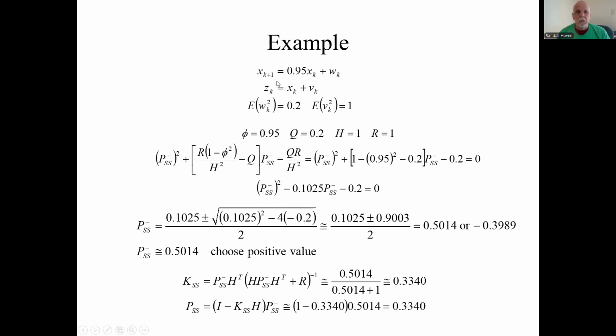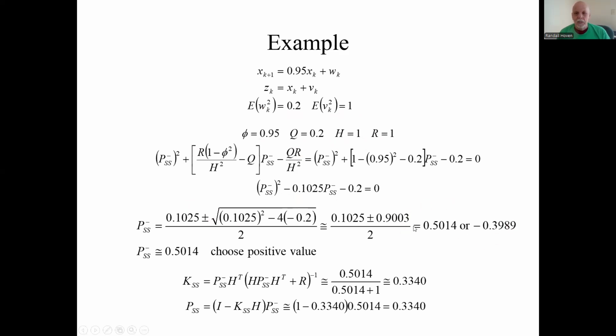Here was an example. Here's your state model or system model, process equation, measurement equation, your noise terms. From there, you can figure out what your phi, Q, H, and R are. You put them in that Riccati equation from the previous chart. You end up solving this quadratic equation with the quadratic formula.